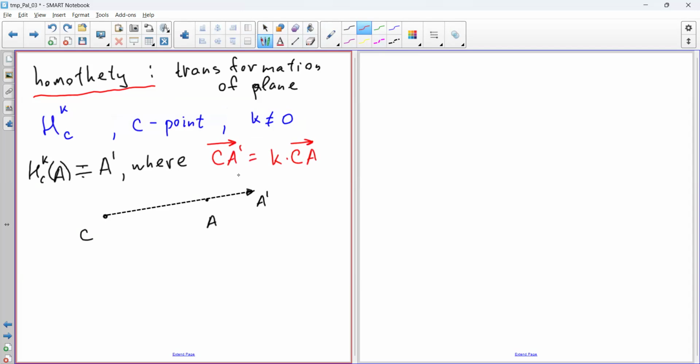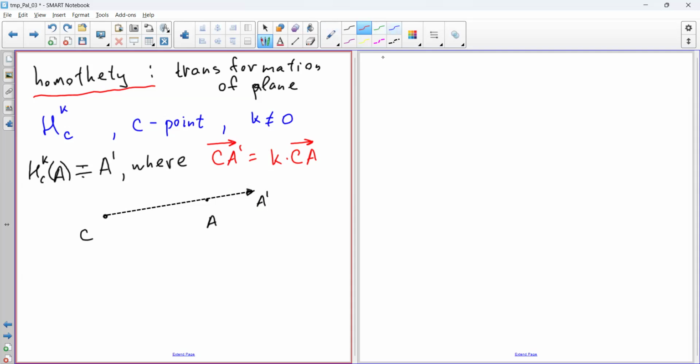So that explains how K may be negative, right? For negative K, we have two vectors opposite in direction, but still uniquely related by the length.